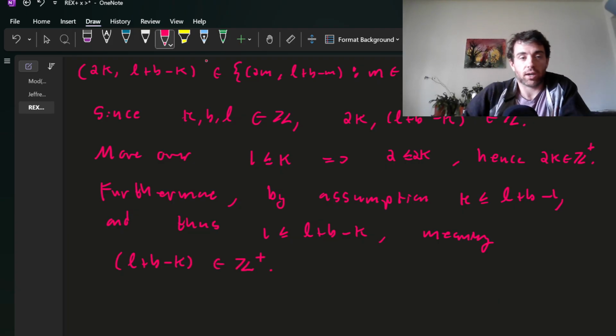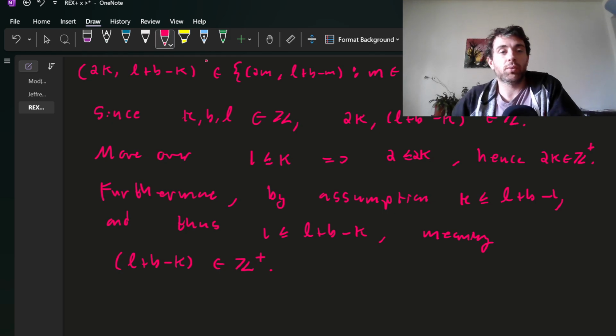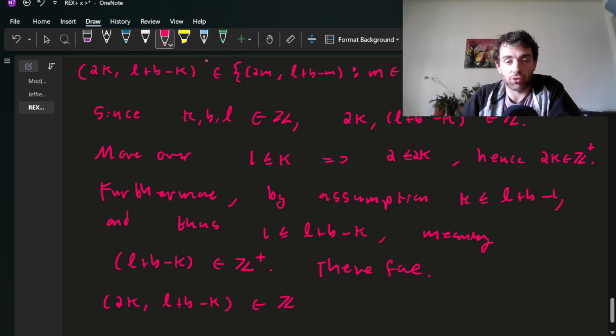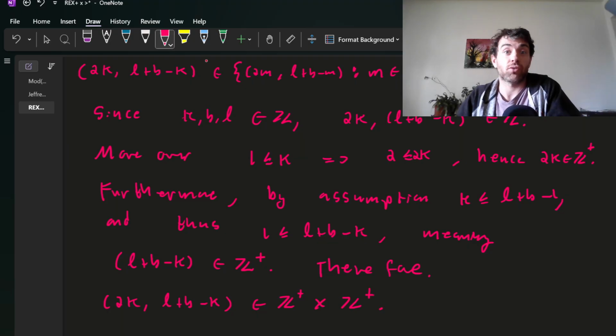Nice. Okay. So we have that. We should maybe just add a sentence reviewing to the reader what we just proved, because there are a few extra steps here. So we know that this pair actually belongs to the Cartesian product of the set of positive integers. Fantastic.